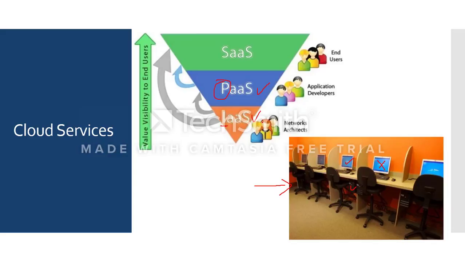Last but not least, you say, I'm interested in renting the equipment. I would like to rent also the operating system, but I would like to also rent the applications. I would like to rent also the software. In that case, the owner is going to say, okay, I will rent the computer, the infrastructure, and the platform, which could be, for example, the operating system, and also the software.